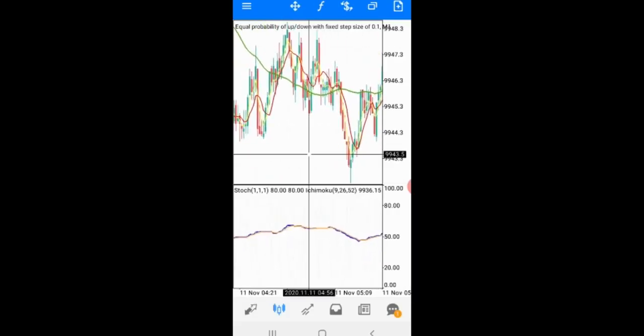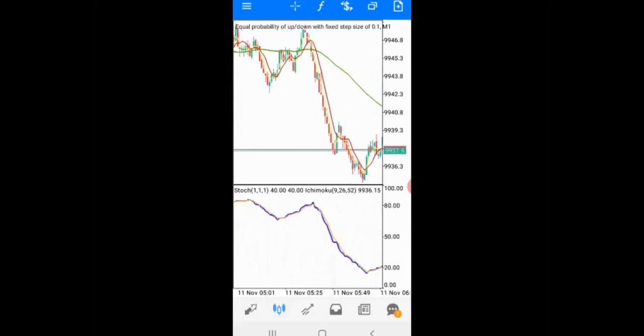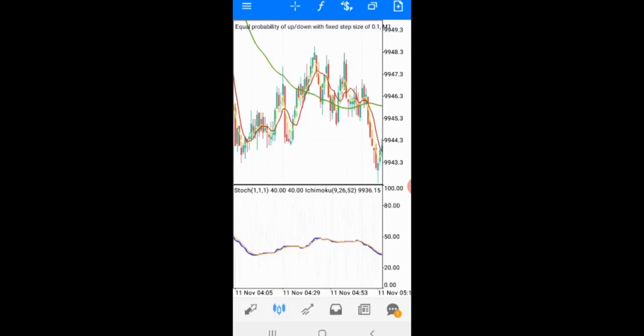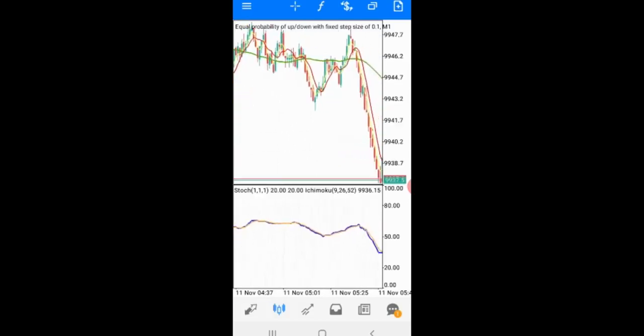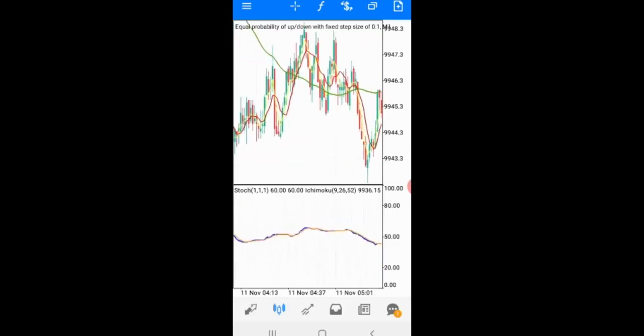Look, it's at 57, not at the oversold level. So it's better to wait. If you come into your trade and you find it like this, just wait. You are not in a hurry. If that one doesn't work, another one will work.